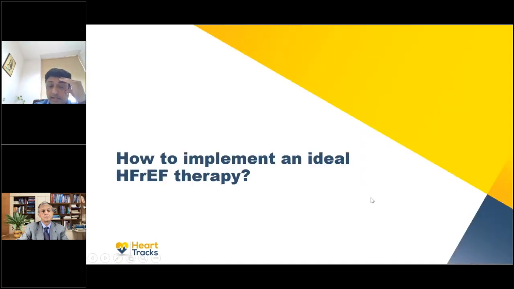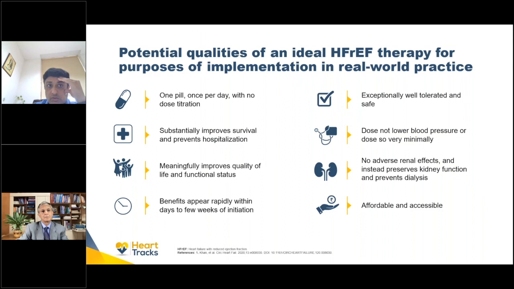So how do we implement an ideal heart failure reduced ejection fraction therapy in these patients? These are the potential qualities of an ideal therapy for implementation in real-world practice. The lower the number of drugs, the better the compliance, as we all know. Second, the drug we prescribe should improve survival and prevent rehospitalization.